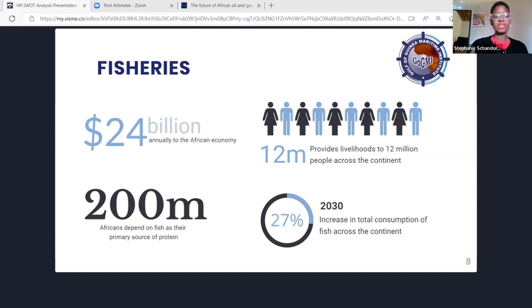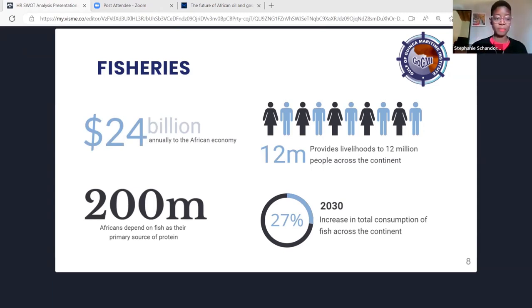And this 12 million figure I just mentioned constitutes fisher folk and those directly engaged in fish processing. But you know that the fisheries value chain is more extensive than that.